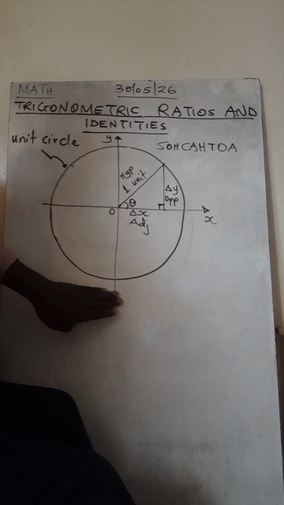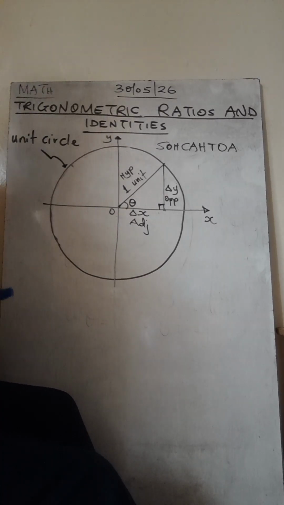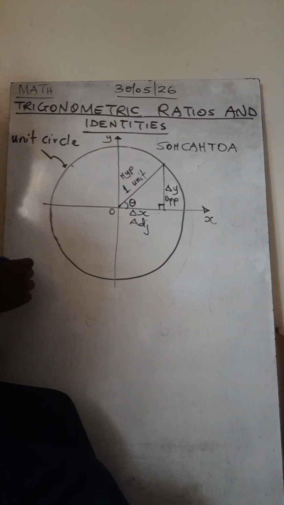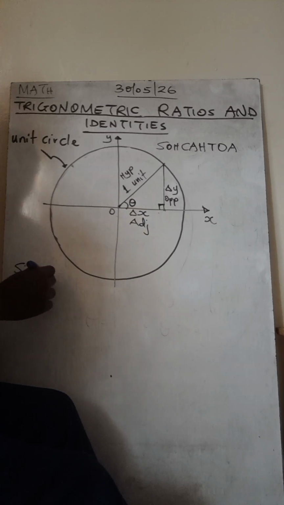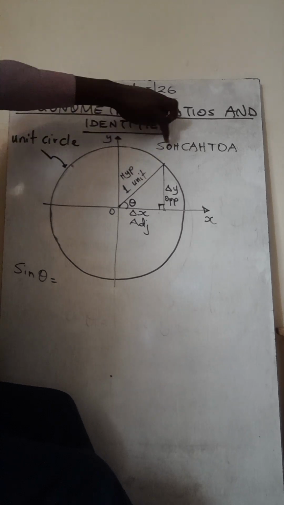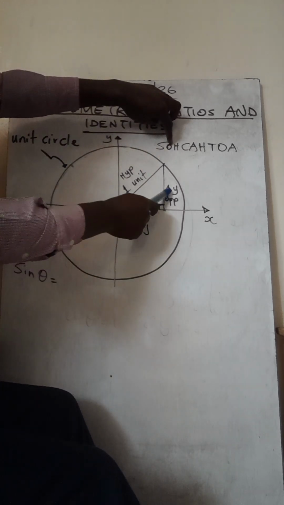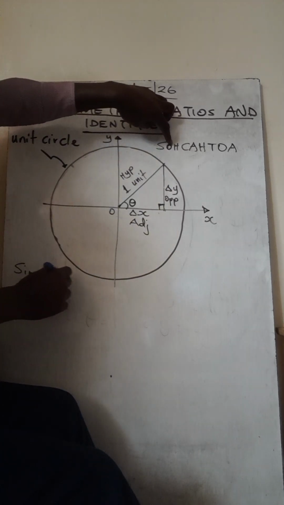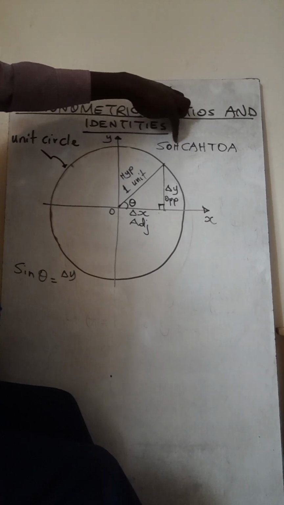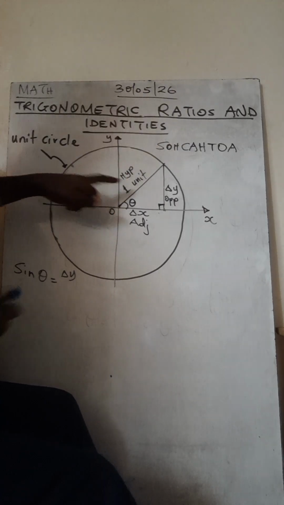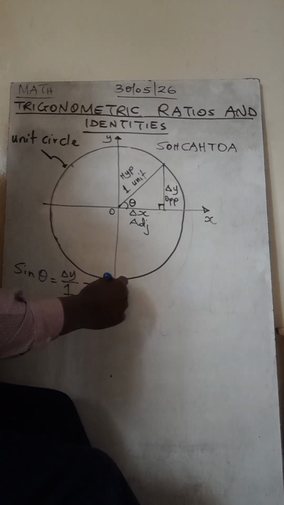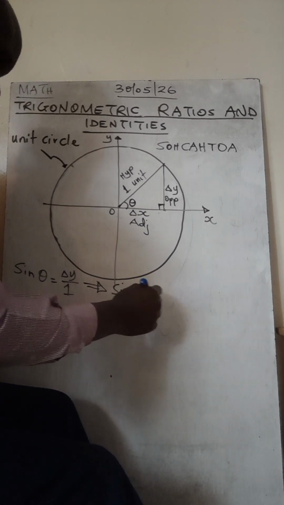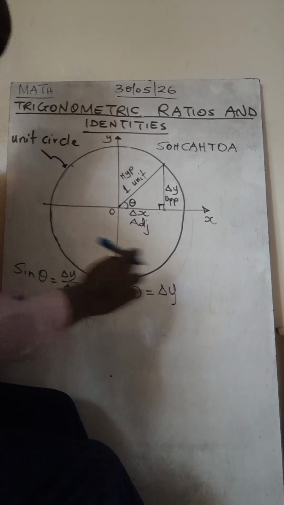So from that we can say that sine of this angle is given by opposite, which is change in y, over hypotenuse, which is 1 unit. And that tells you that sine of theta is just change in y values.